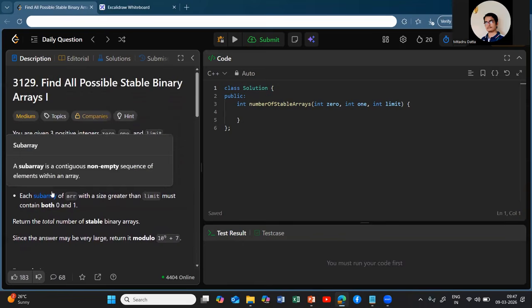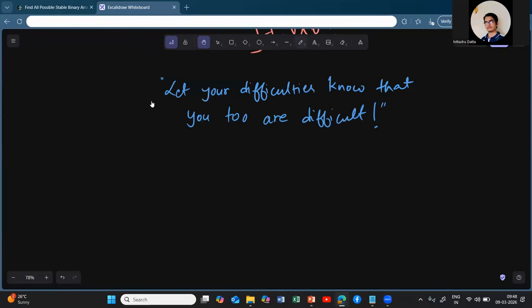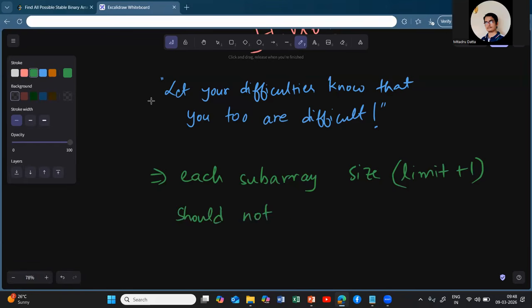So this statement, that each subarray of the array with size greater than limit must contain both zeros and ones, is equivalent to saying that each subarray of size limit plus 1 should not have all zeros or all ones.